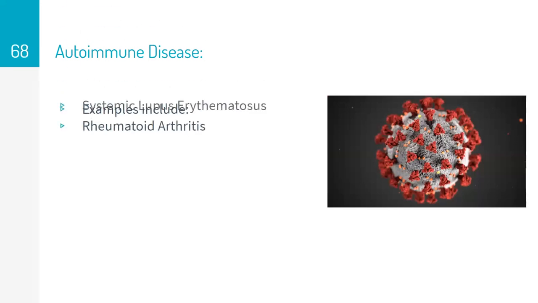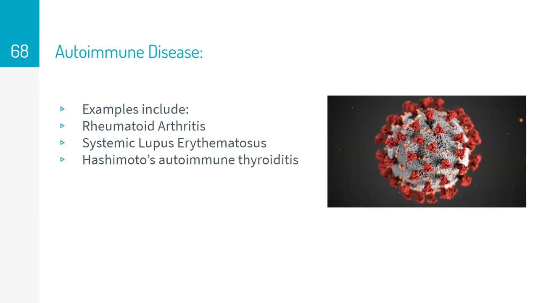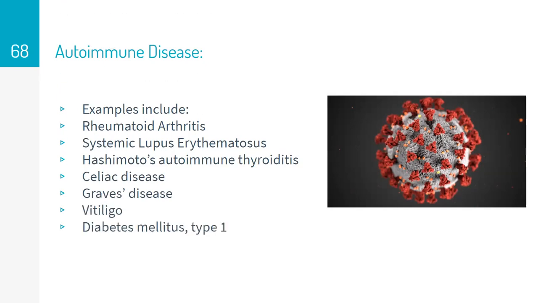Some examples of autoimmune disease: rheumatoid arthritis, systemic lupus erythematosus, Hashimoto's autoimmune thyroiditis, celiac disease, Graves' disease, vitiligo, diabetes mellitus type 1, and pernicious anemia or atrophic gastritis. So there are some examples there.